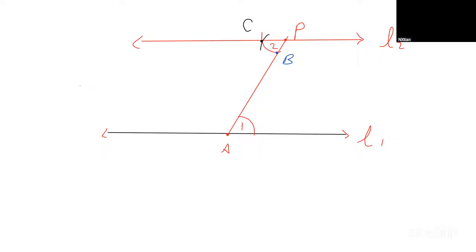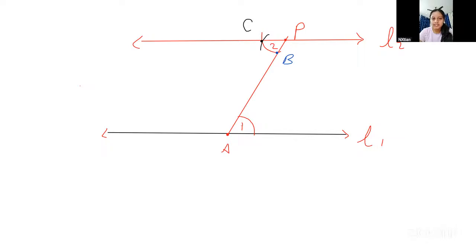Then one more method is there. One more method you have using equality of corresponding angles. Take a point A on the line L1, join with P, extend it.